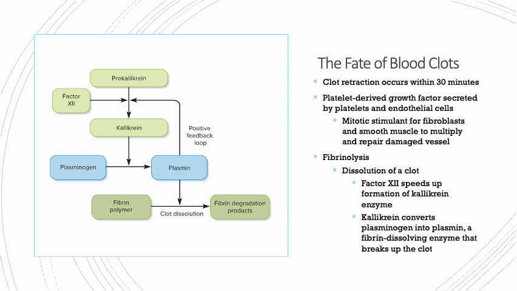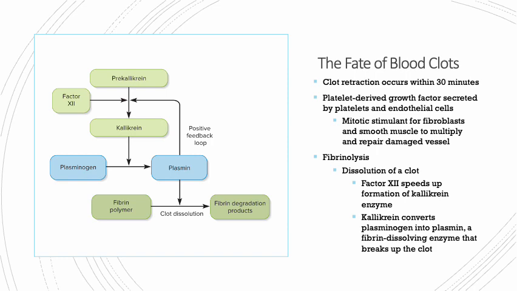Okay. And there's fibrinolysis, which is dissolution of a clot. So after you have done this mitosis and healed whatever injury you have, the clot is going to get dissolved. Factor 12 is going to speed up formation of a specific enzyme that's going to convert everything into a clot dissolving enzyme that breaks up the clot.